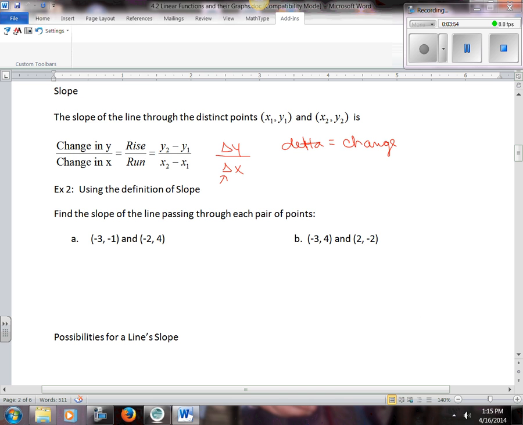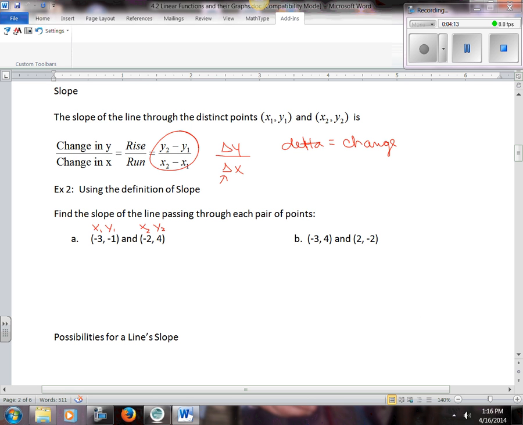All right, so we're going to find the slope of each pair of points here, using this equation: y2 minus y1 over x2 minus x1. First thing I'm going to do is label them real quick so that we can keep them straight: x1, y1, x2, y2.